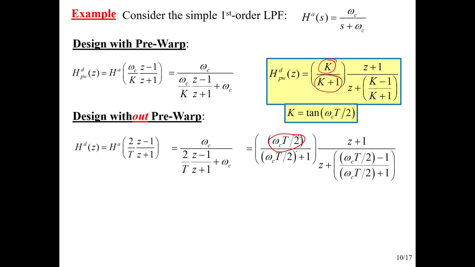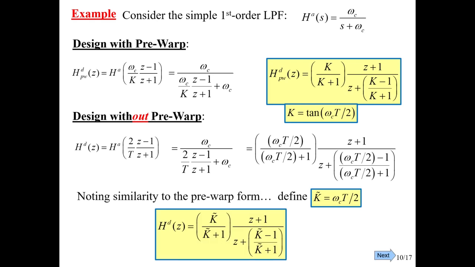I've got this over that thing plus 1. So this thing is playing the role of k. And notice that that's just the untangented, is that a word? The untangented omega c T over 2. So that's kind of cool. And that's a good way to think about what's really happening.